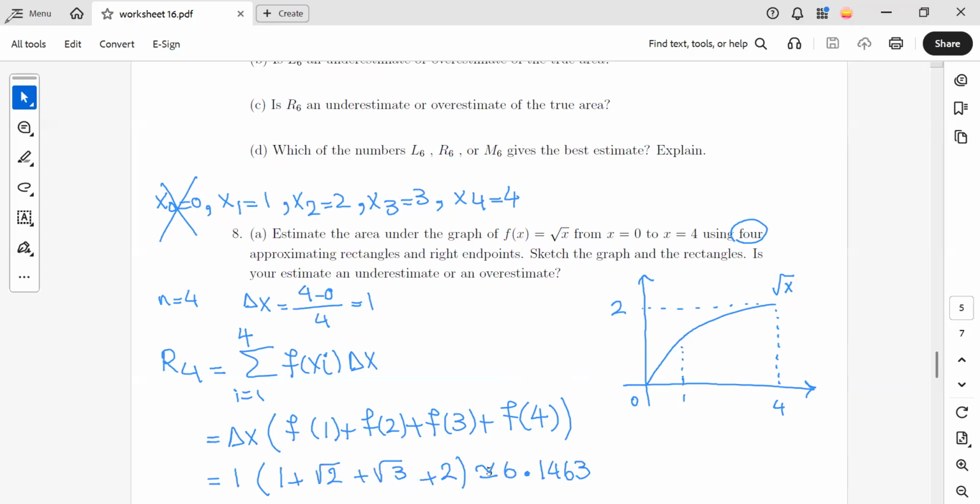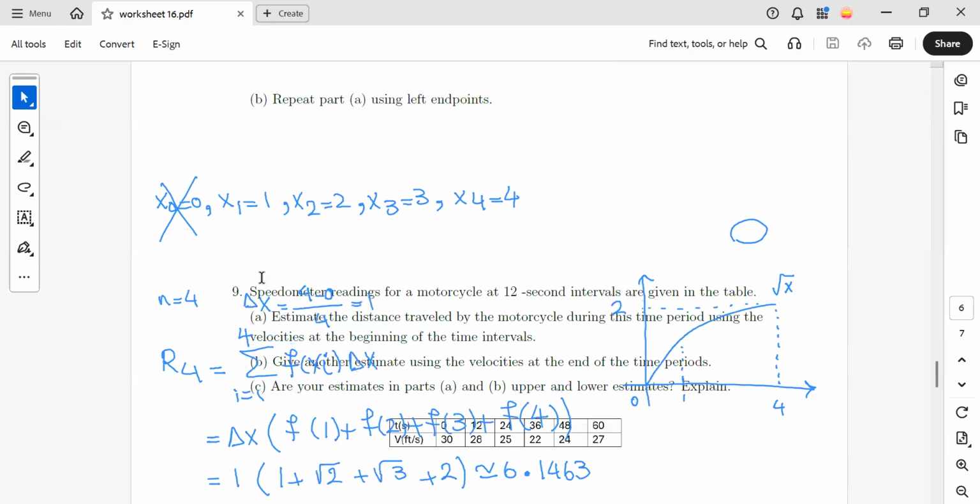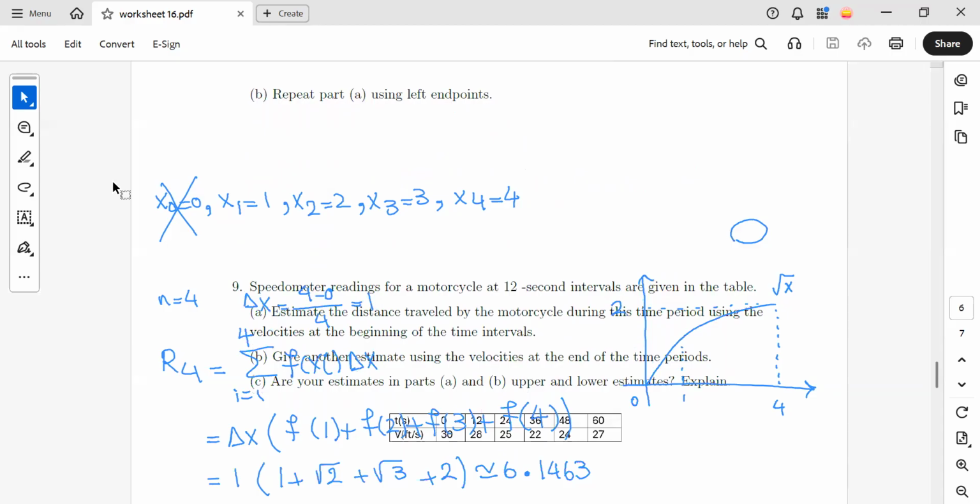Part B with the same graph. For part B, using left endpoint, we are going to use the first one, not the last one. And also, we are going to use the same delta x as you see here, but this one will be different.